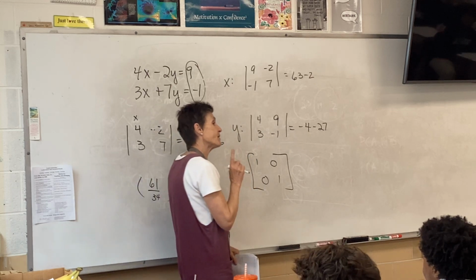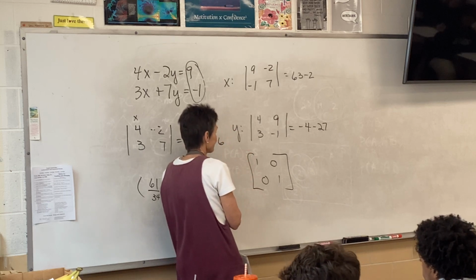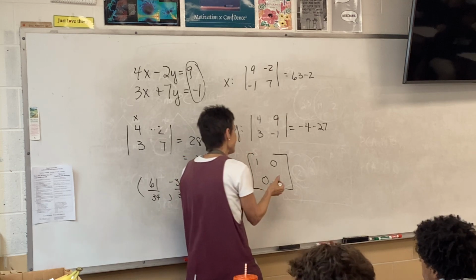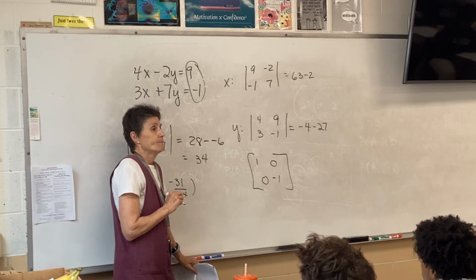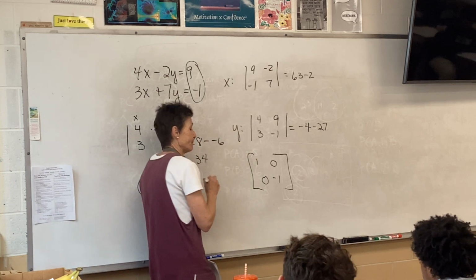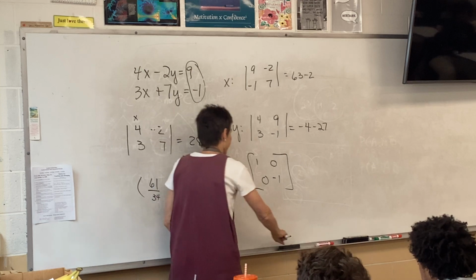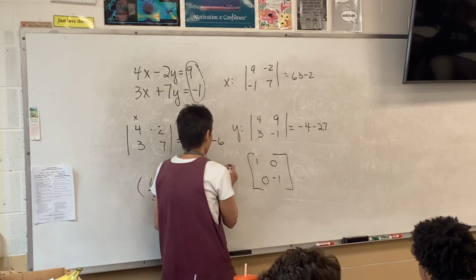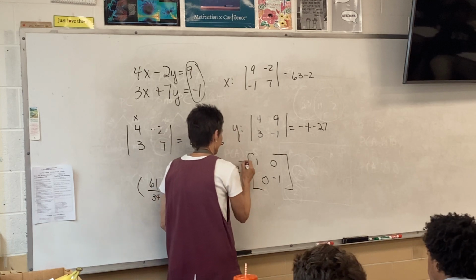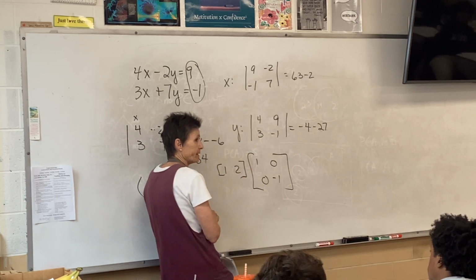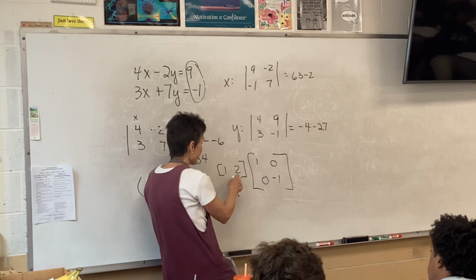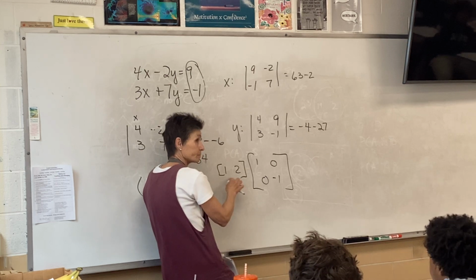I want you to think about what would happen if I made this negative. Well, let's look at it. Let's take a point like 1, 2. That's a point, 1, 2. And let's multiply it by this. Now, this is a 1 by 2.